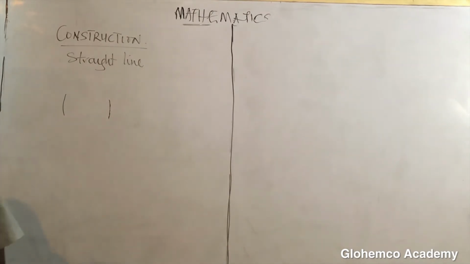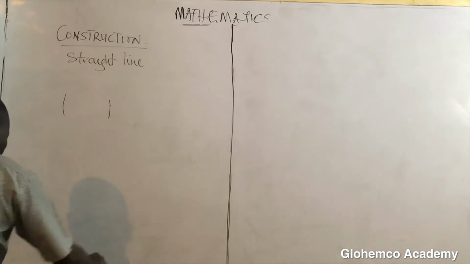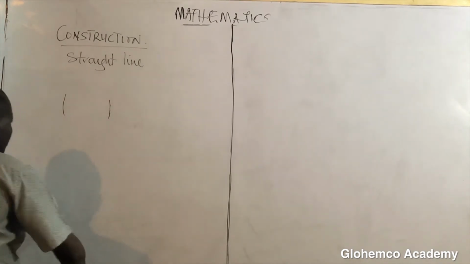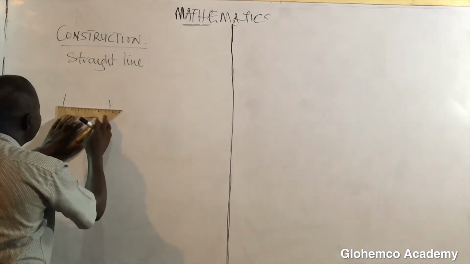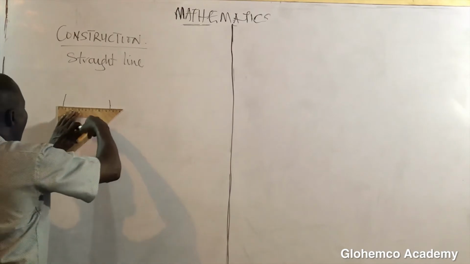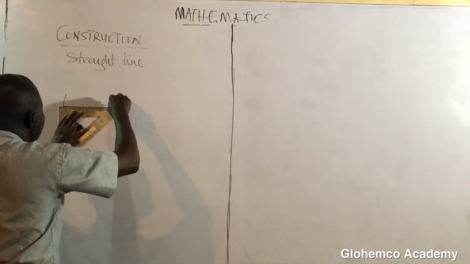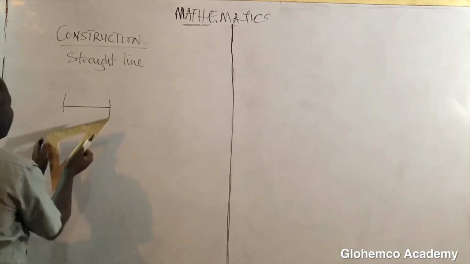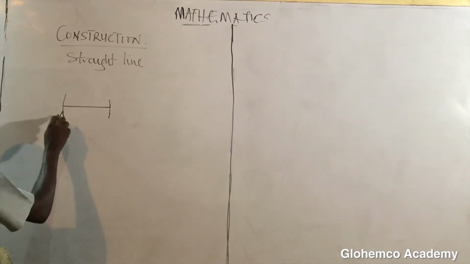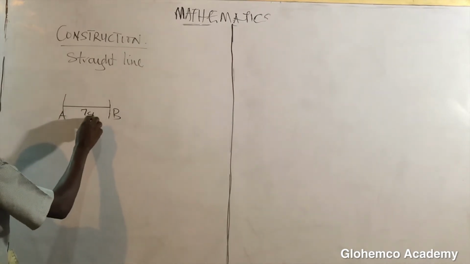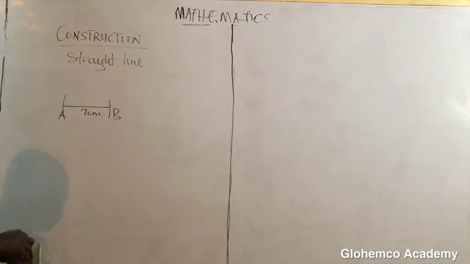After the drawing, you get your ruler, place it on what you have drawn and draw a straight line. This now represents AB, with a distance of 7 centimeters. This is how to construct a straight line.